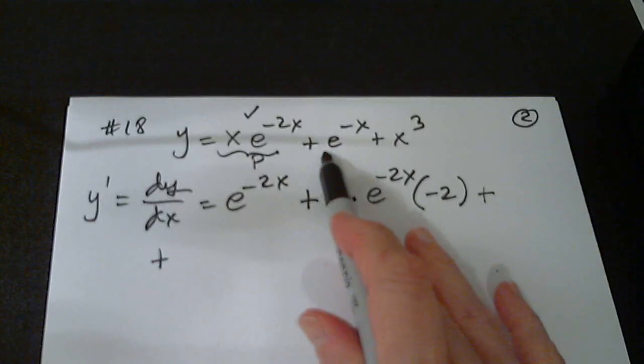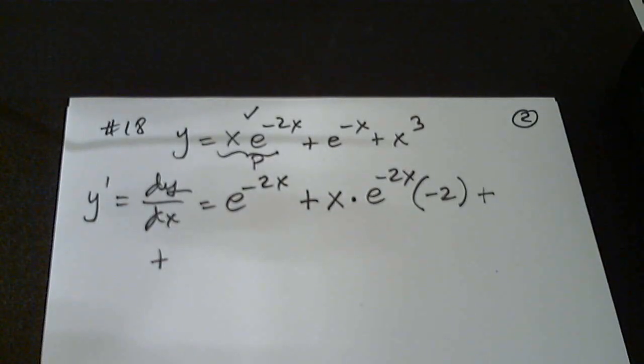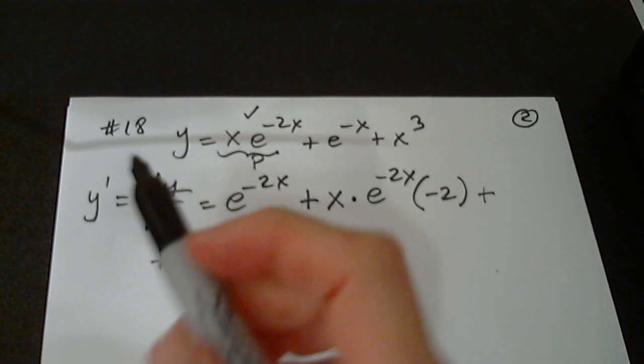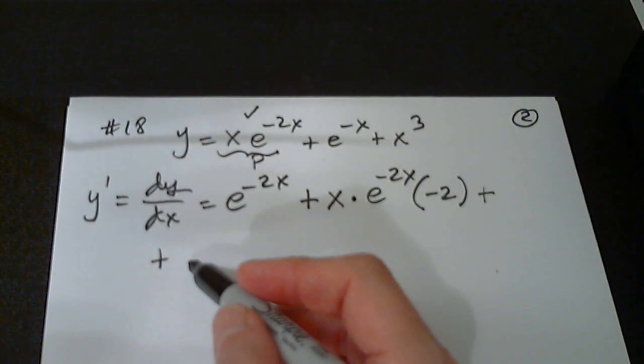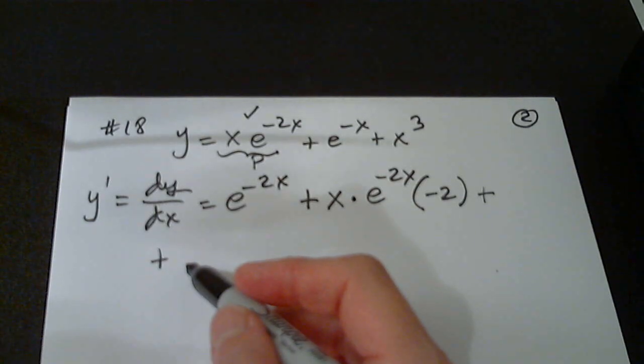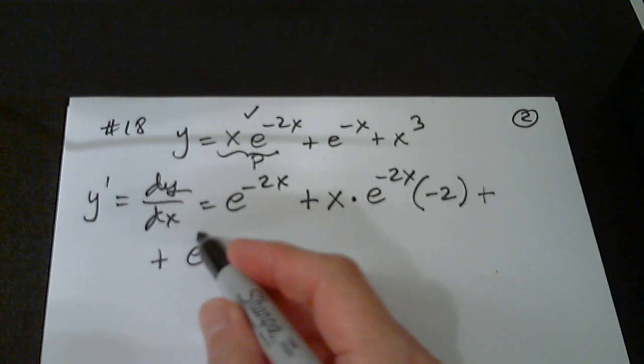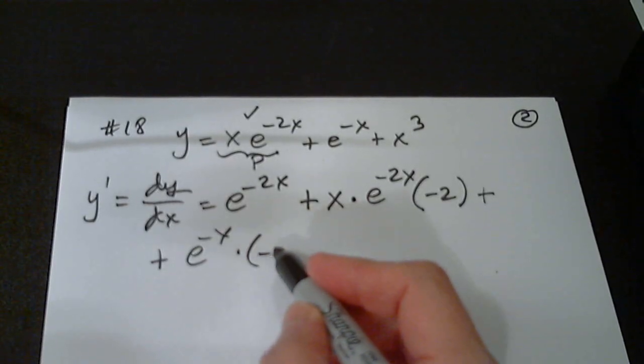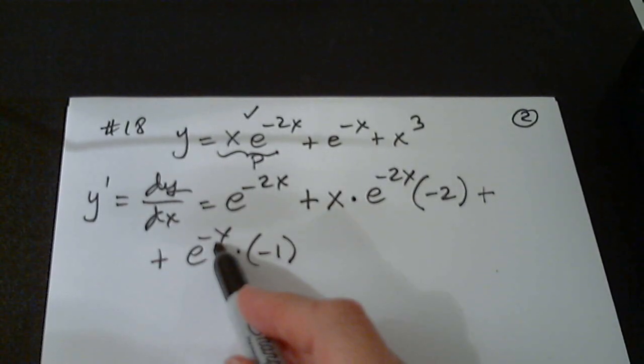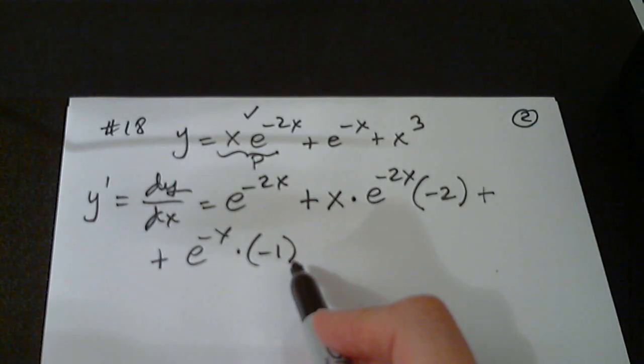Can anyone differentiate e to negative x for us? Anyone, please? e to the negative x times the inner function prime, which is negative 1.